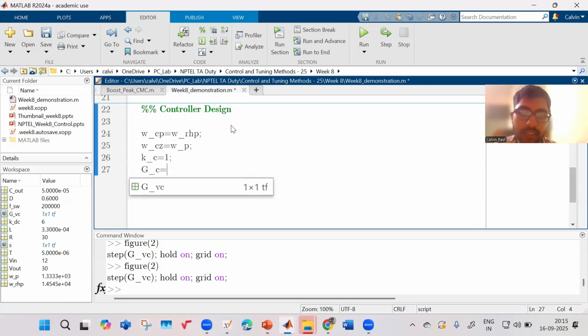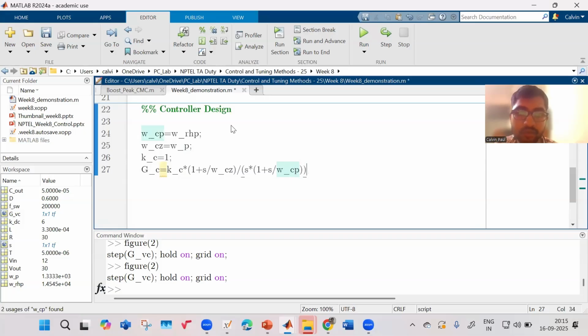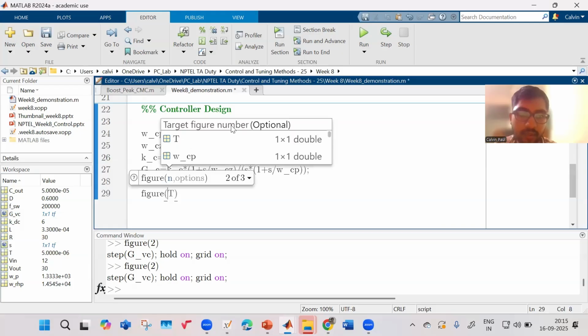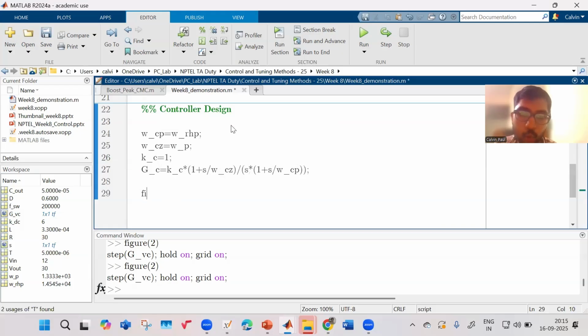So your controller GC is KC into (1 plus s upon omega controller zero) divided by s into (1 plus s upon omega controller pole). Now, your loop L is GC into GVC, that is your plant transfer function.